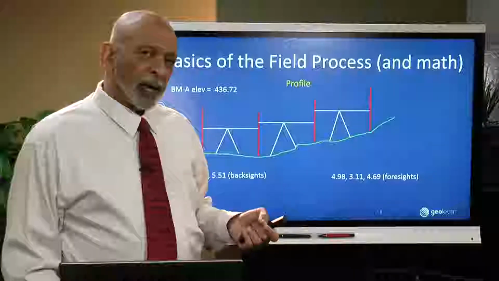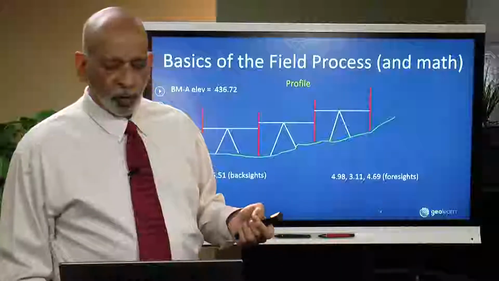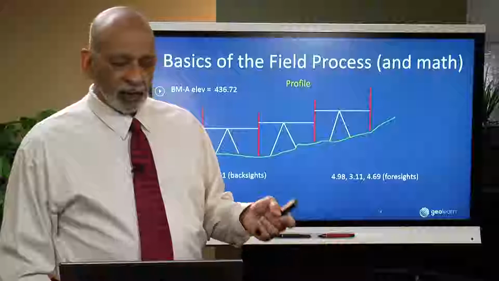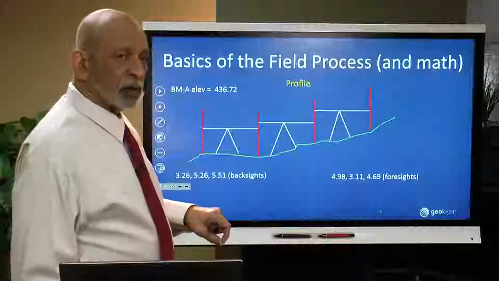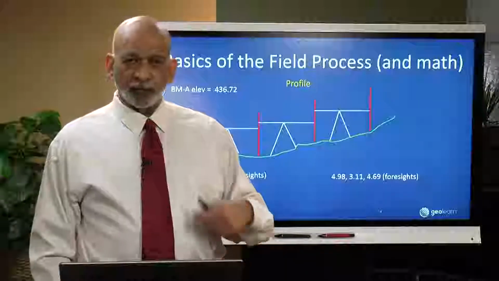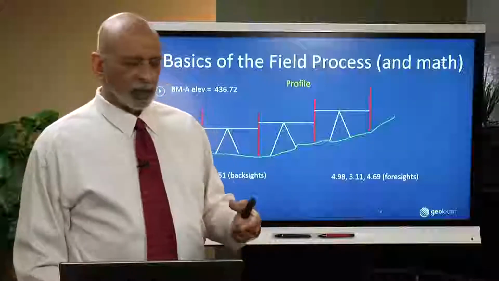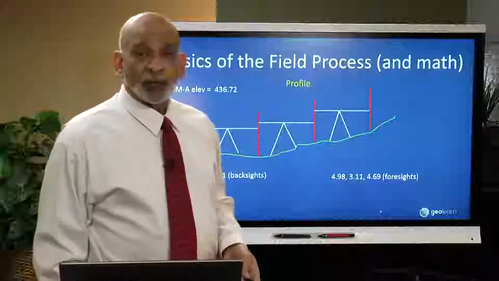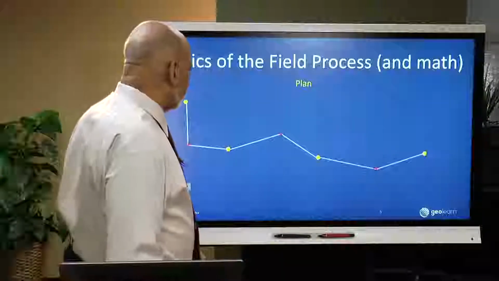And to figure out the math, sometimes you might discover that it's helpful to draw the plan view instead. So be aware that depending on what you're doing, you may need to draw the plan view or the profile view to help you understand what's going on in the surveying process and the math that goes with it. Or you might have to actually do both, especially early in your surveying career.